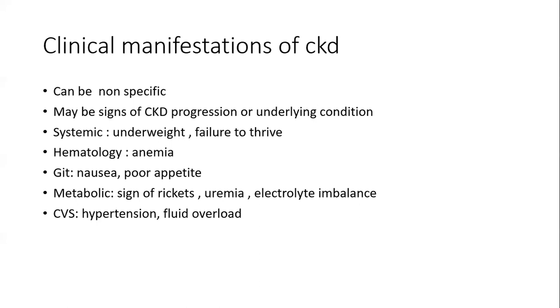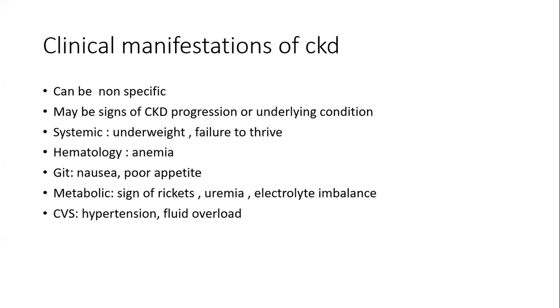You can have metabolic signs, like rickets, and uremic symptoms. Uremia accounts for most of the abnormalities. It can cause metabolic acidosis, pericarditis, and uremic encephalopathy. It depends on how severe the uremia is.